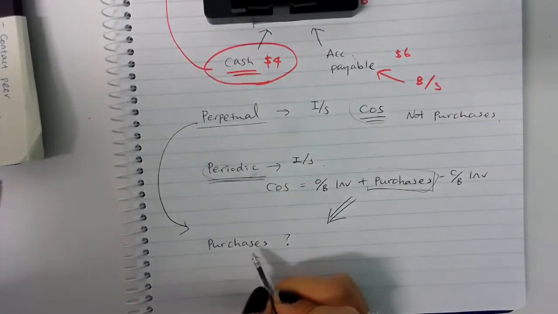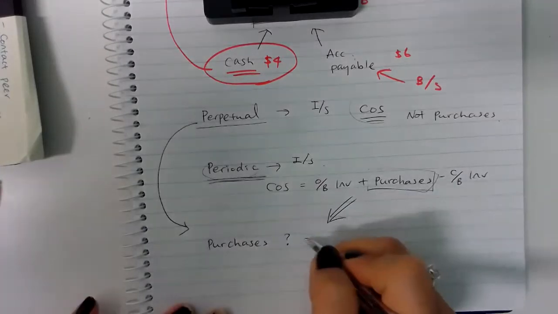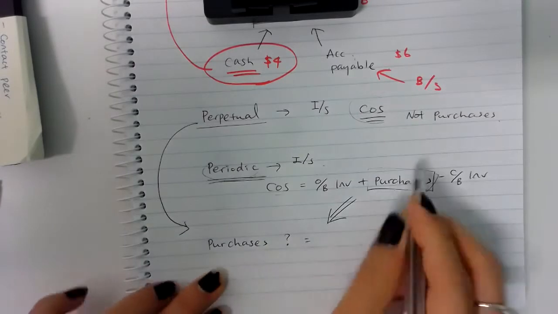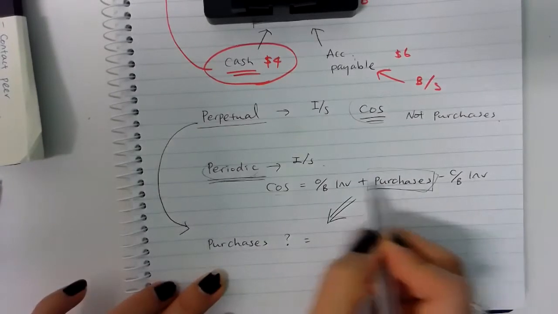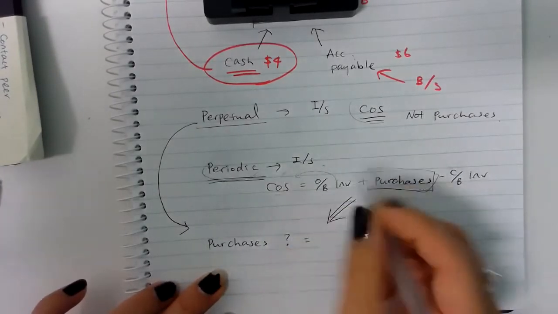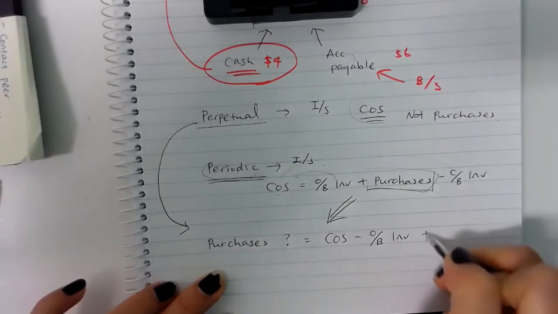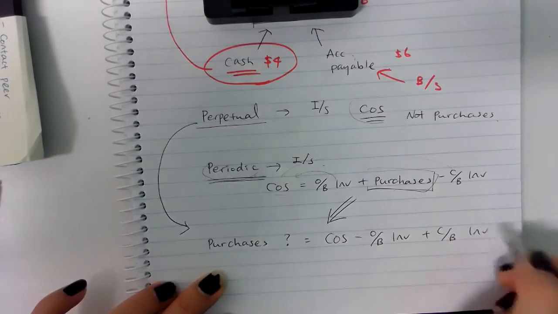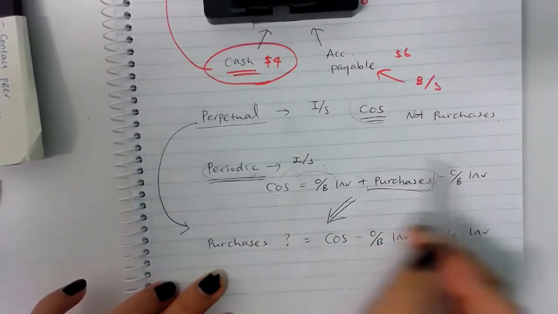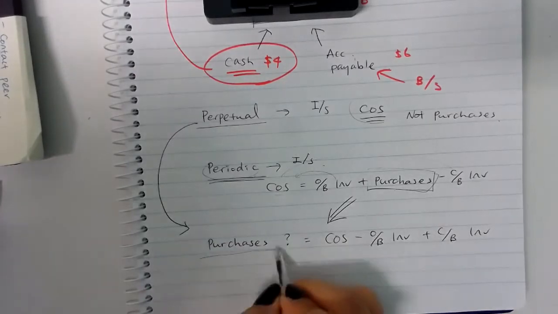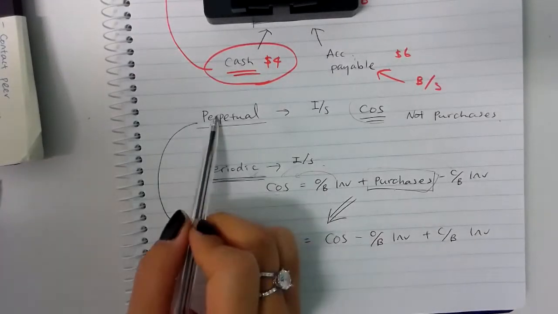Because we have a cost of sales, but not a purchases account. But if I rewrite this, I leave this one and send this over to the side, then purchases equals cost of sales minus opening balance of inventory plus closing balance of inventory, because these two are sent over, so they change plus and minus, right?